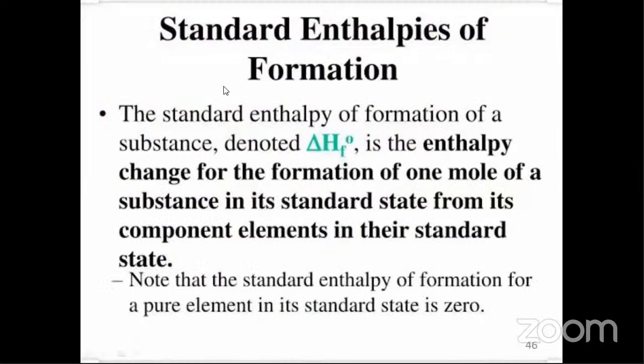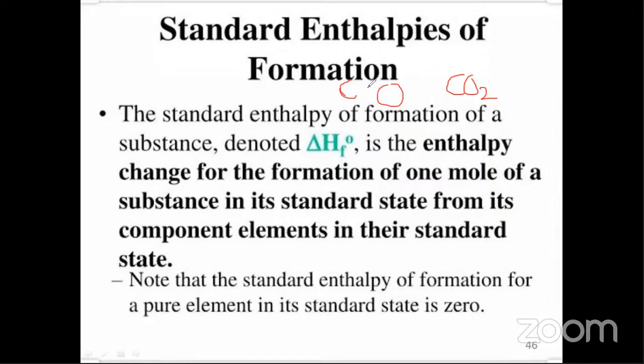Then standard enthalpies of formation. You know the meaning of the word formation. Formation means when the compound is formed from its elements. You can take the example of carbon dioxide. If we consider carbon dioxide as an example, which elements are required to form carbon dioxide? Carbon and oxygen, means these two elements are required for the formation of carbon dioxide.